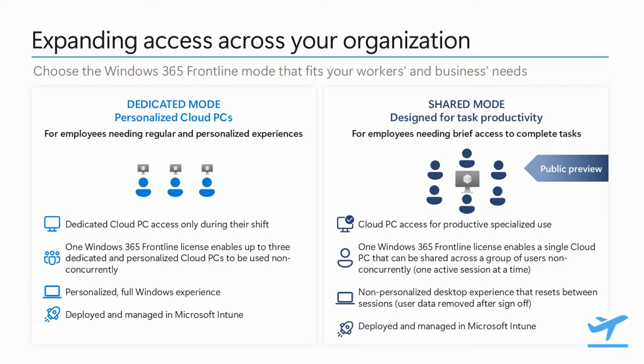For example, you can set up a Cloud PC for training or a Cloud PC for retail access. And when each Frontline license becomes a Cloud PC that can be shared across a group of users, that allows you to expand access specifically for scenarios where potentially you have people on the machines for a very brief period of time. And so you can, with a small amount of licenses, give a lot of users access.